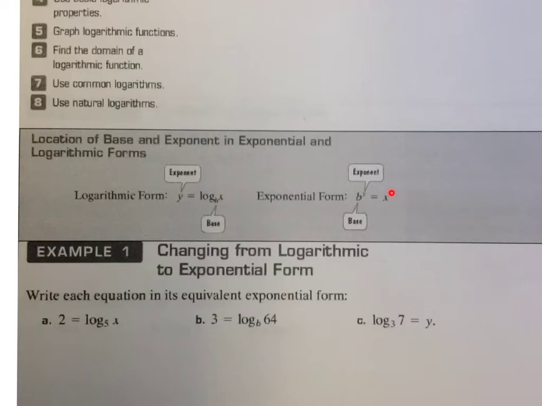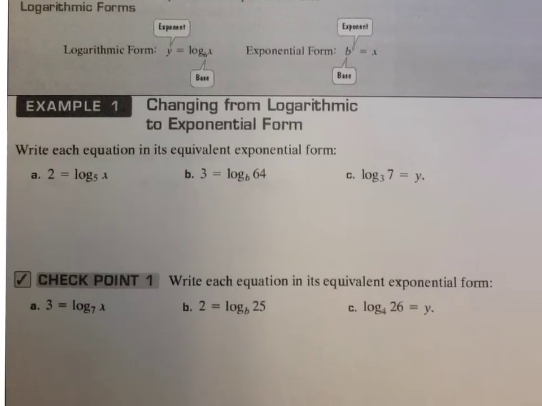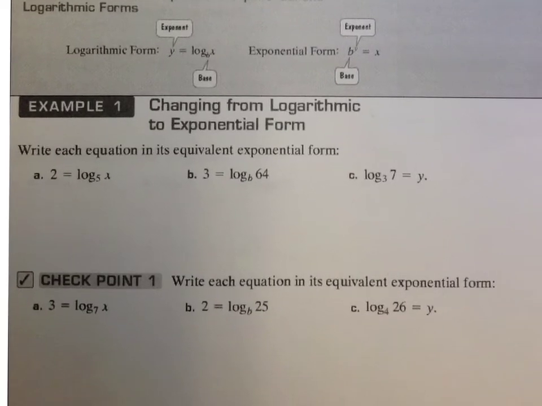And that's what we're going to do in the first example. It says, write the equation in its equivalent exponential form. So we're in logarithmic form, and we have to write it in exponential form, in b to the y equals x form. And remember, b is the base, and in logarithmic form, it's what's after the log, the subscript, that's our base.